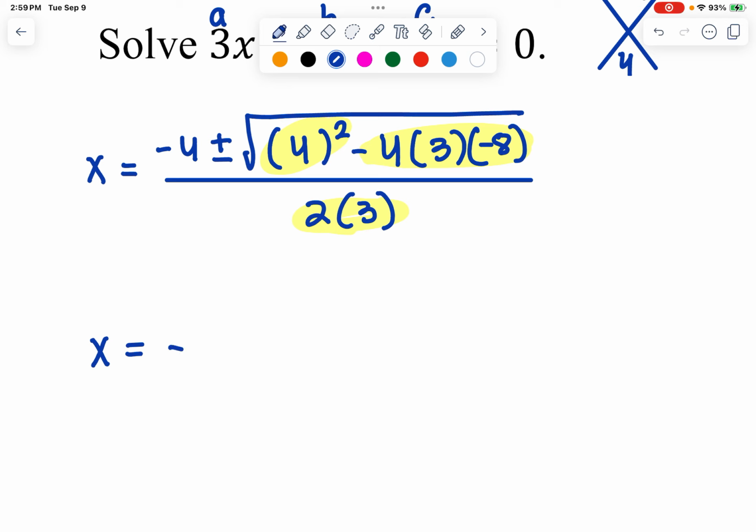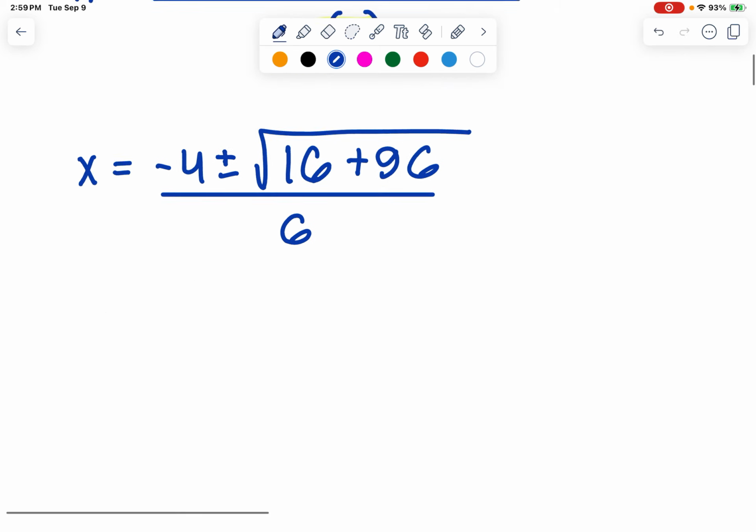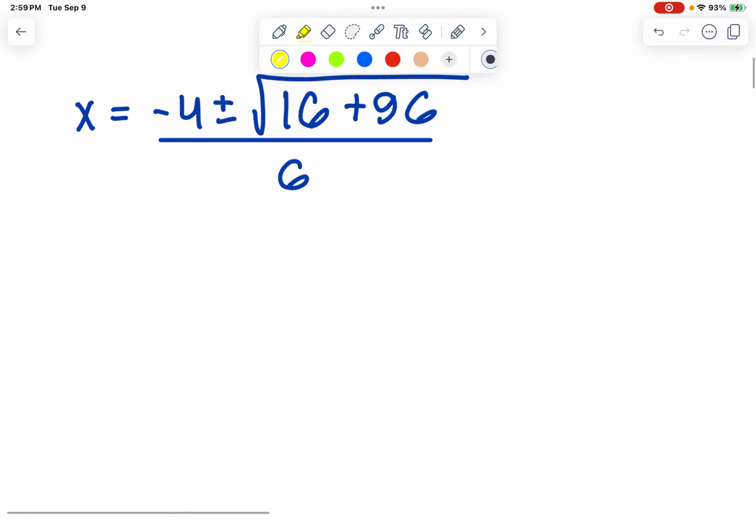X equals negative 4 plus or minus the square root of 4 squared, 16. Negative 4 times 3 times negative 8 is a positive 96, so this is plus 96. If this was a negative 3, then it would be minus 96, right? All over 6. All right, next I'm going to clean it up by adding these 2 numbers.